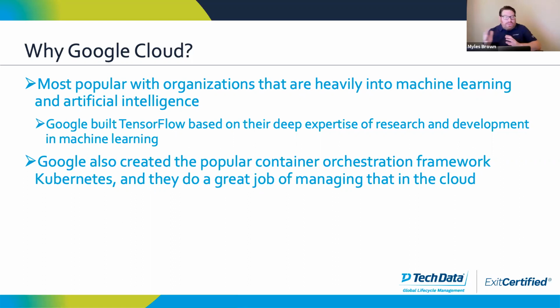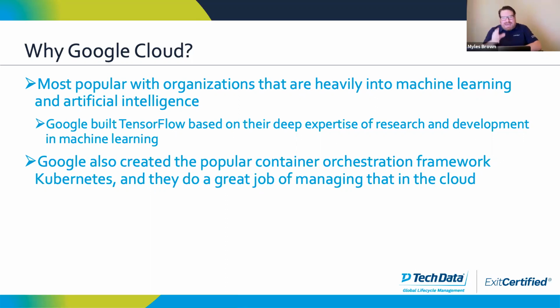And all three of the big ones, AWS, Azure, they all have some sort of managed Kubernetes service. But AWS spent a lot of time building their own called ECS, the Elastic Container Service. And then eventually they said, oh, you know what? Everybody prefers Kubernetes, so let's go build that.